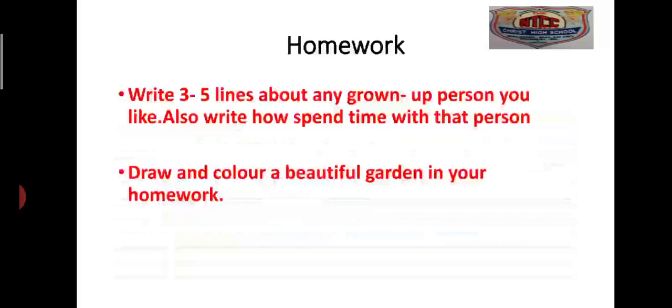For example, I will write about my grandfather. You have to describe how your grandfather is, and then write how you spend time with your grandfather. And the second homework is you have to draw and color a beautiful garden. So you have to be very creative and do this drawing in your homework book, children.